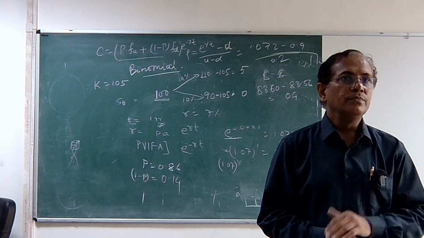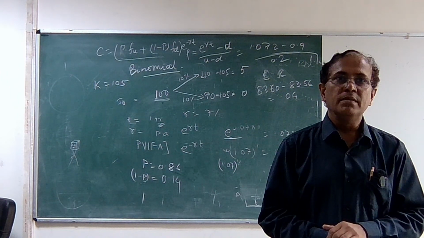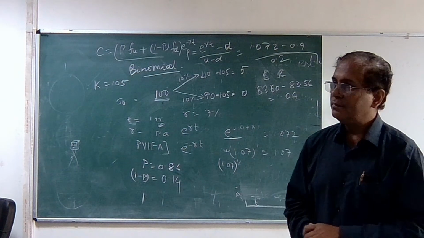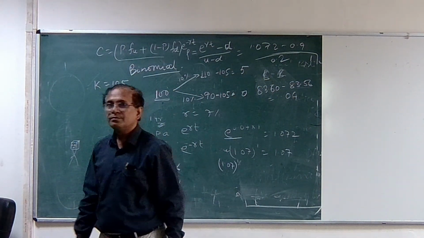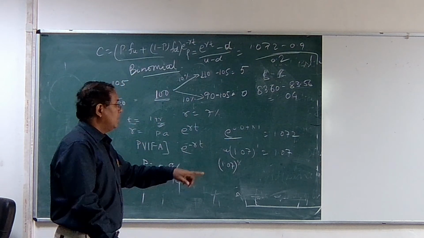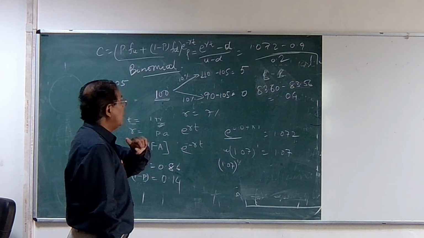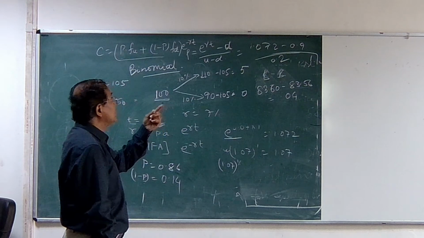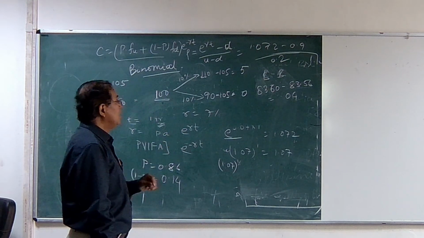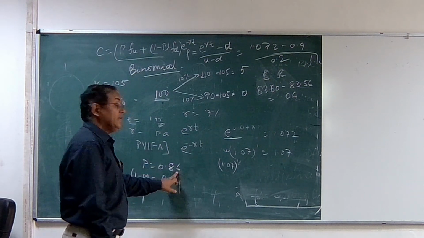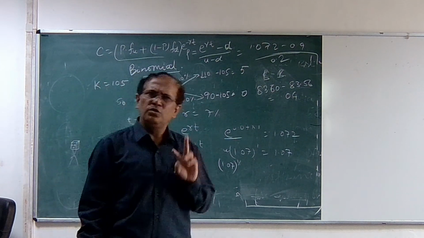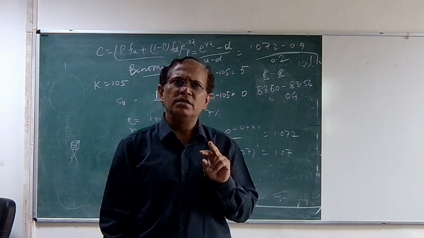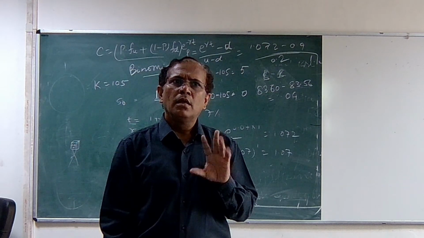Put the values and give me the answer for the call premium. How much should the premium be? So P is how much? You have mentioned the probability. What probability did I tell you? 0.86.